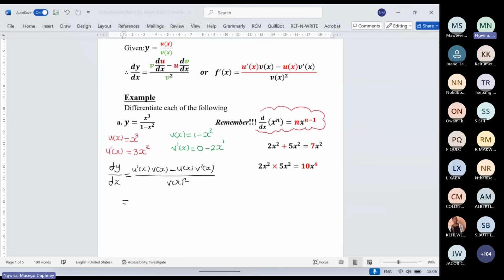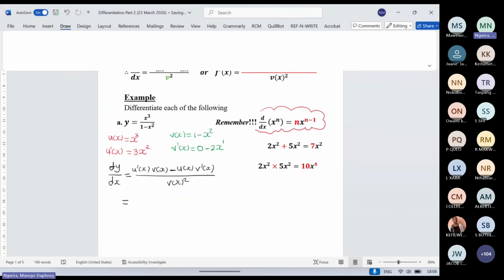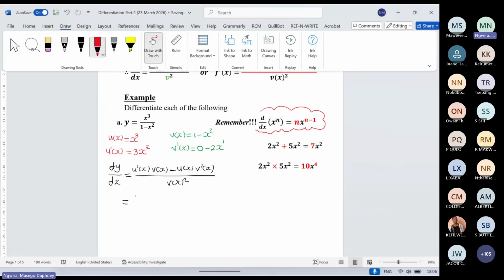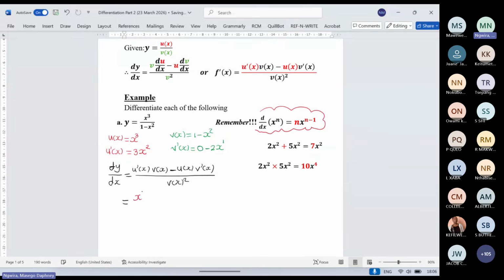Then now we substitute. Your u(x) is going to be x cubed. And then now the v(x) is 1 minus x squared.